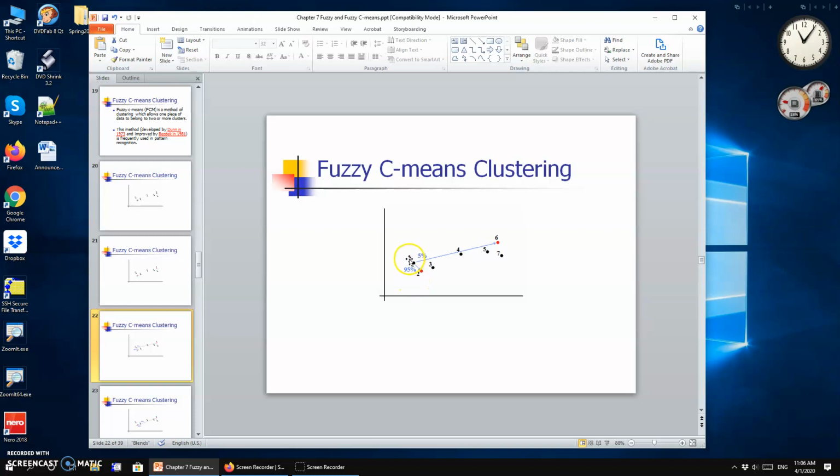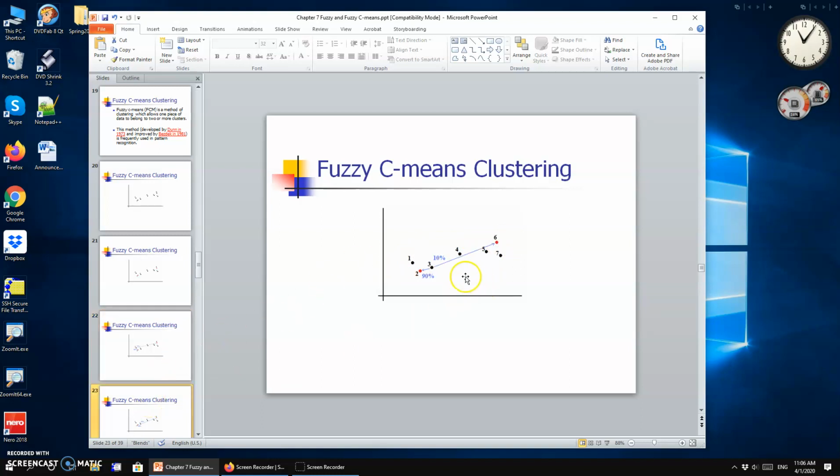You can see that node number 1 is much closer to node 2 and very far from node 6. Therefore, if we calculate by percentage, this one will belong to node 2 for 95%, while 5% to the other cluster.